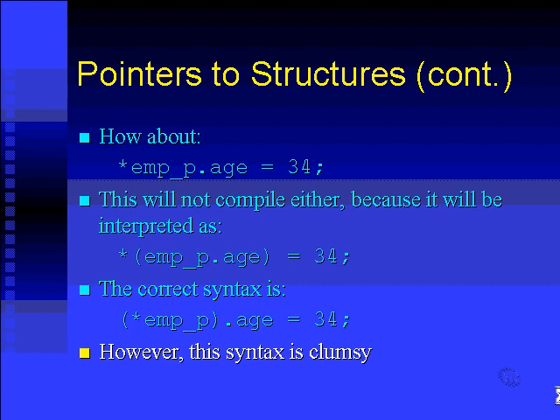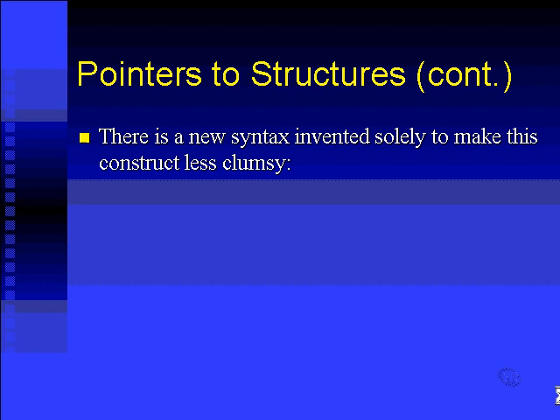However, this syntax is clumsy. Having to put these brackets around there, the asterisk and the dot, it's just a little bit out of control. And there is a nicer way. They've invented a shorthand that does exactly the same thing. And it looks like this: emp minus sign greater than sign age.